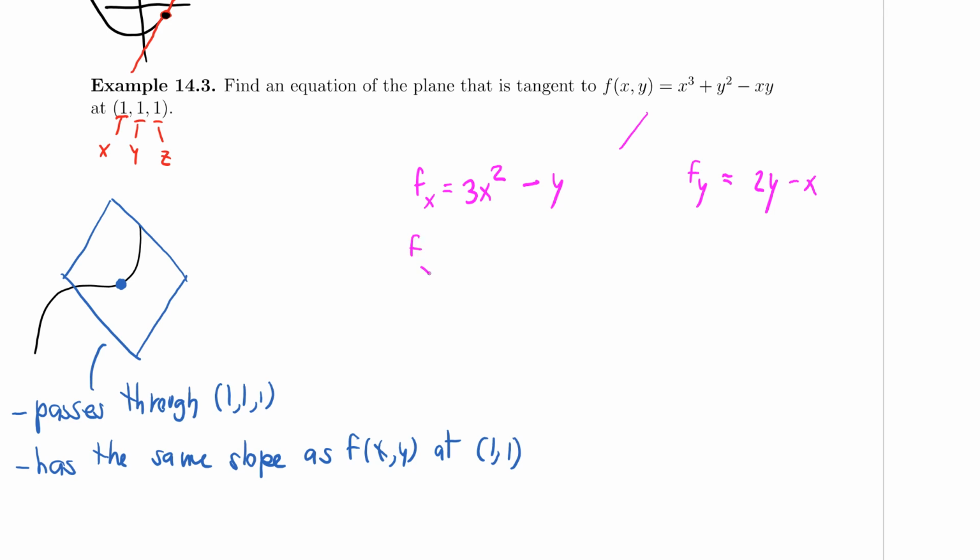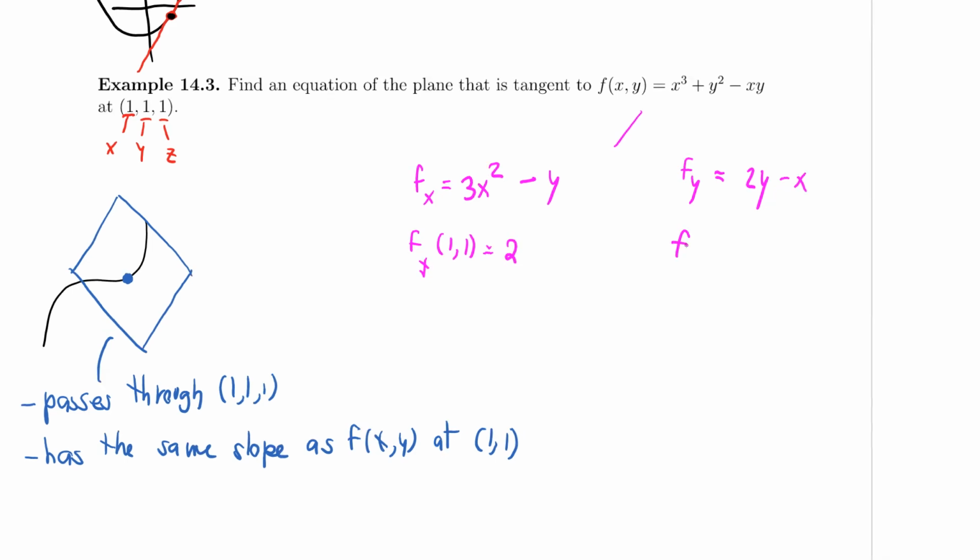So my f sub x at the point 1, 1 is going to be 3 times 1 minus 1. So that's a 2. And my f sub y, the partial derivative with respect to y at the point 1, 1, is going to be 2 times 1 minus 1. And that's going to equal just 1.